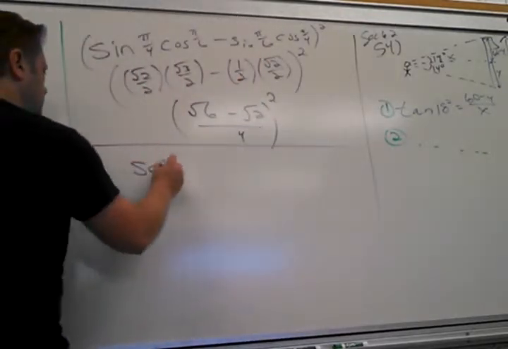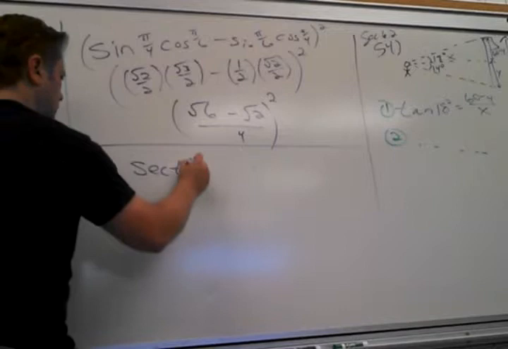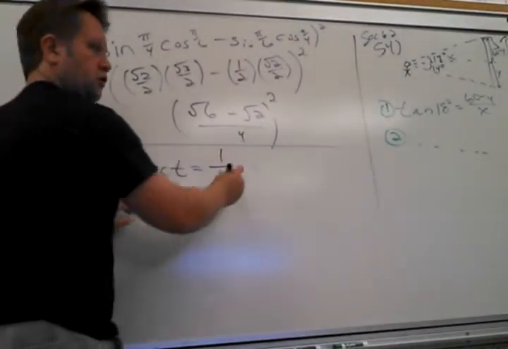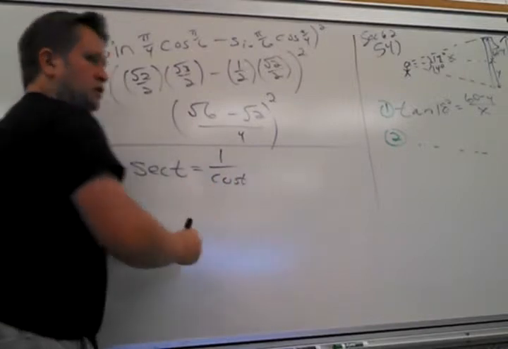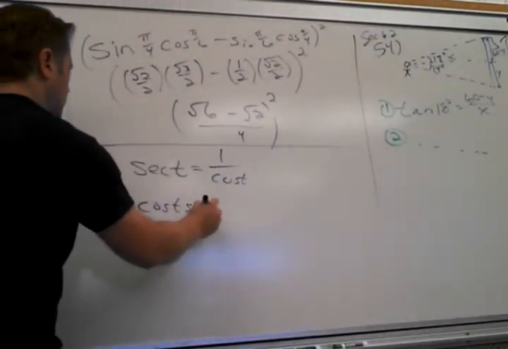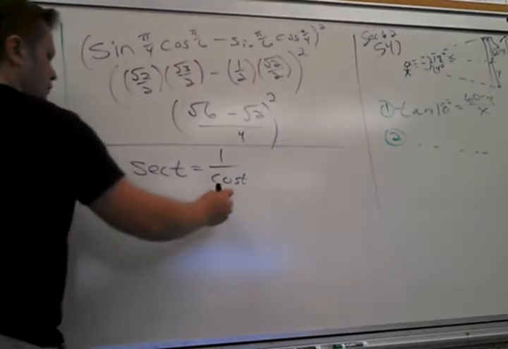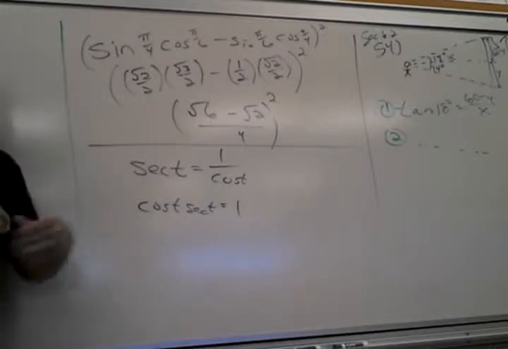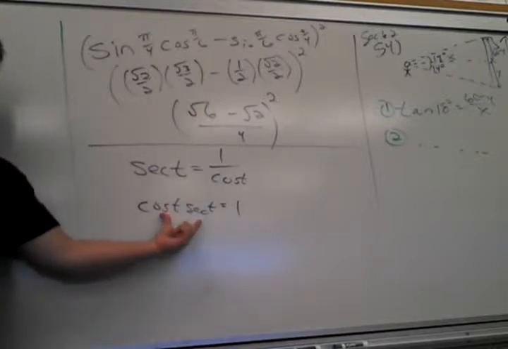Somebody remind me, what's secant of t defined to be? 1 over cosine. So what's interesting about cosine t times secant t? It's 1. So then that's why they can say, what's the sign of this in any quadrant?